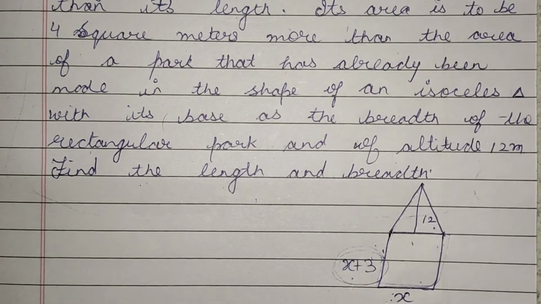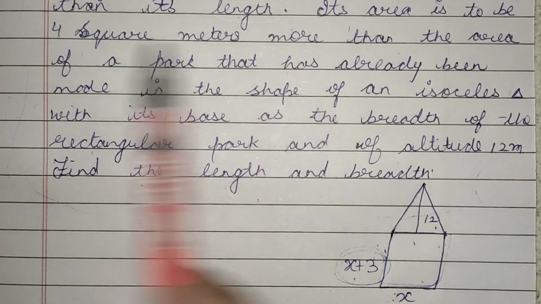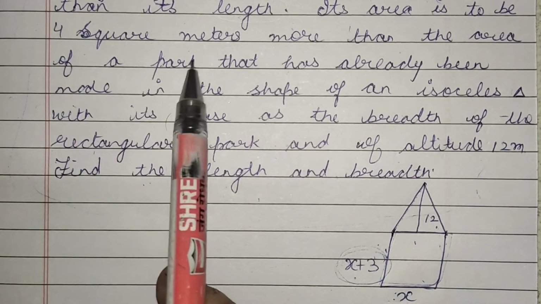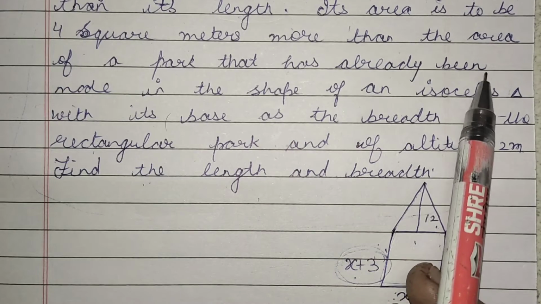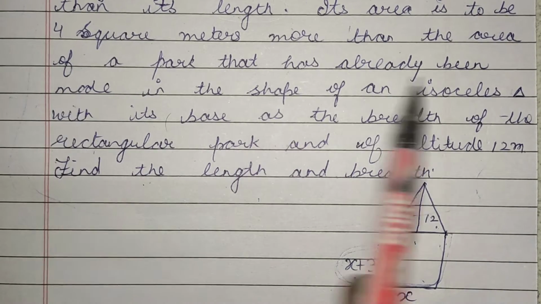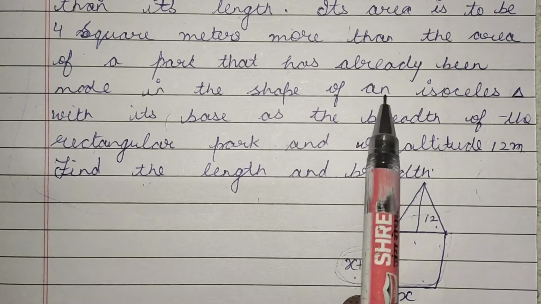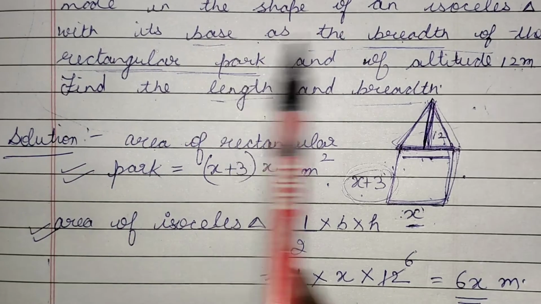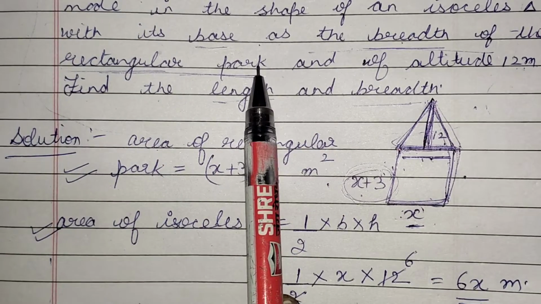Now its area is to be 4 square meter more than the area of a park that has been made in the shape of an isosceles triangle, with its base as the breadth of the rectangular park.